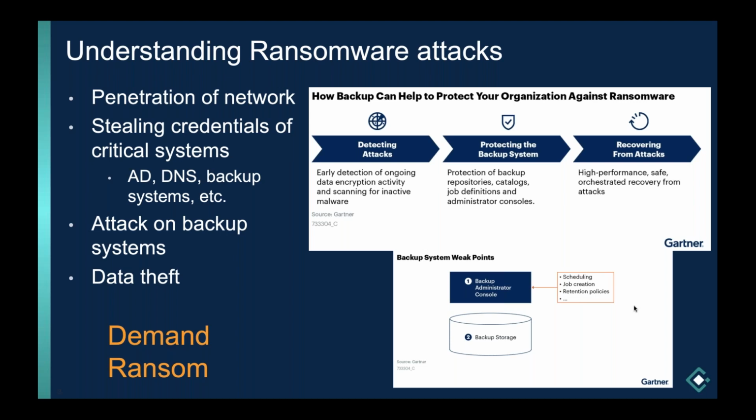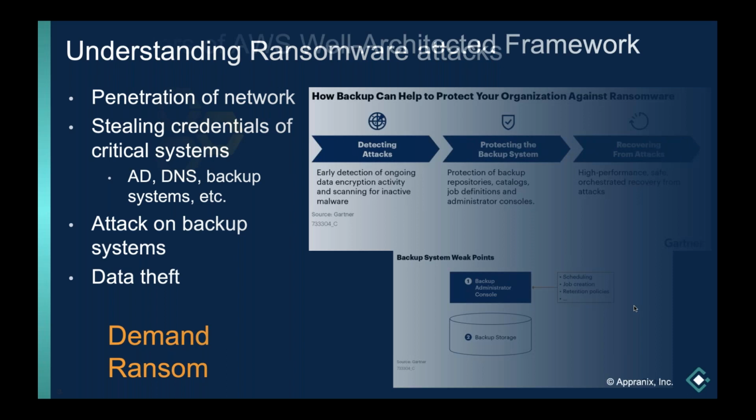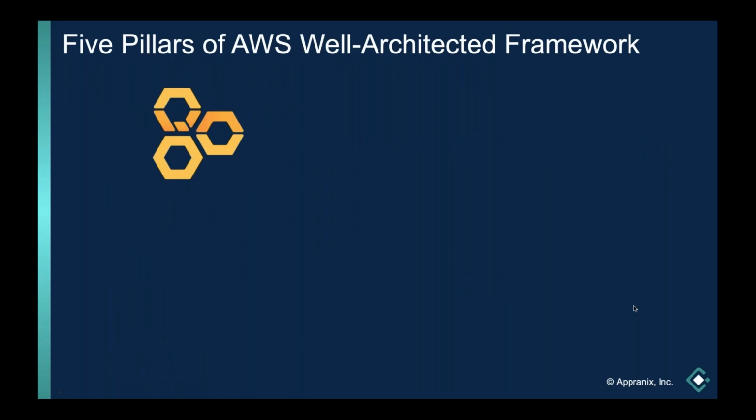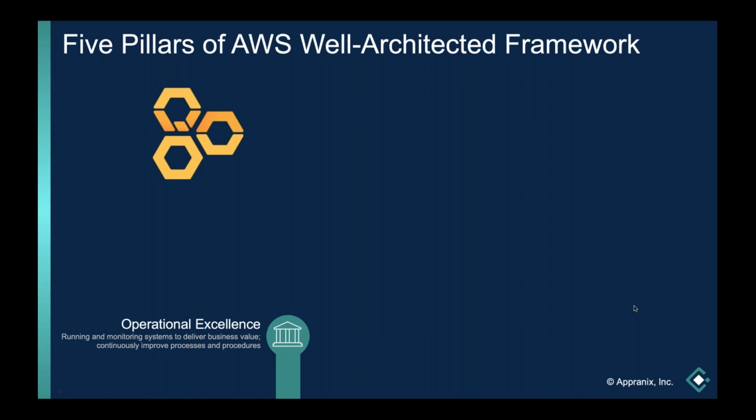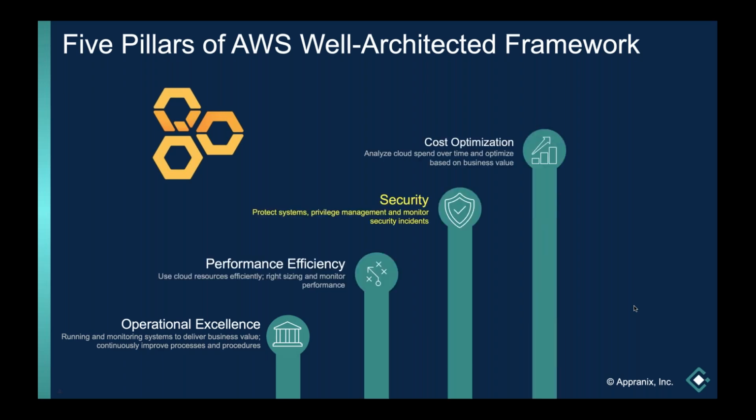And that's the key thing that we will talk about today. When it comes to recovering, and in fact running the system itself, there are best practices. We call them the well-architected framework best practices. We are not going to talk about all five pillars, but the important pillar is security. And one of the interesting things that's happening, and it's not new, is zero trust implementation, right?